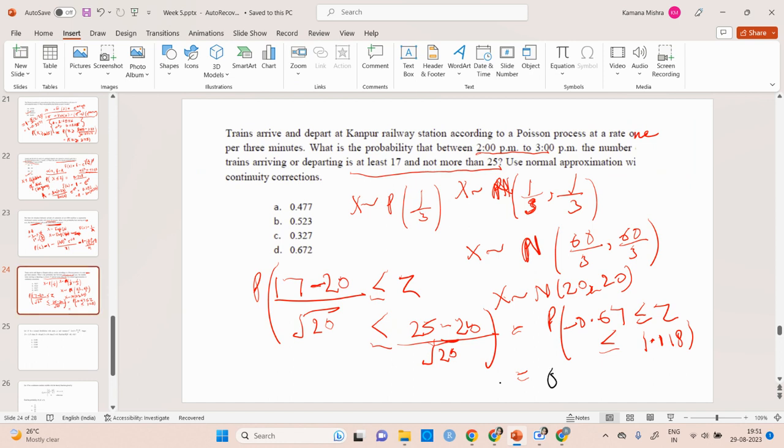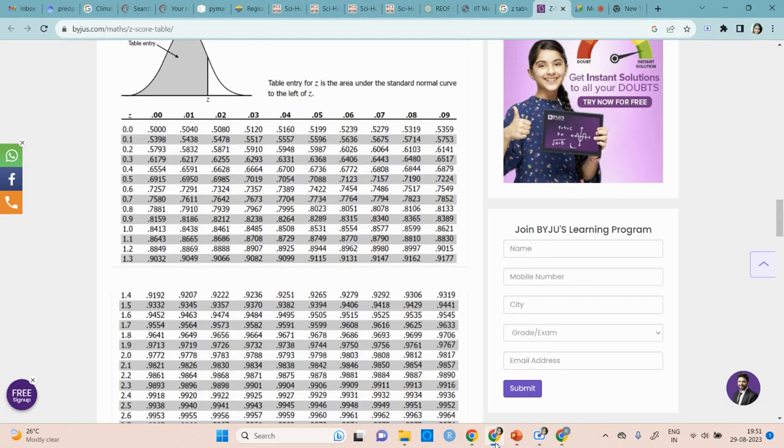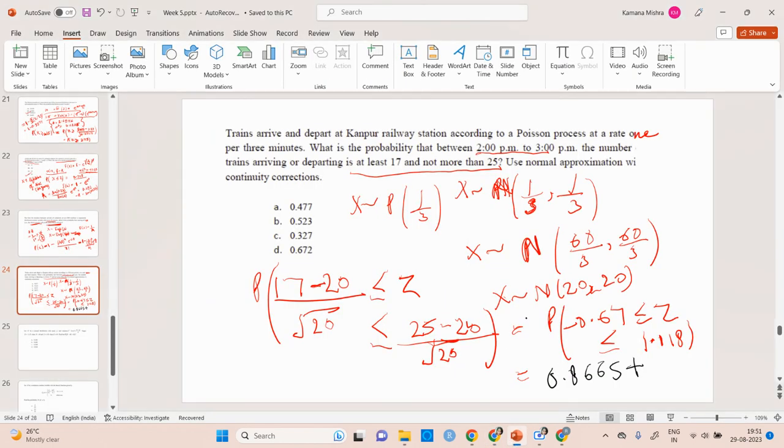It will be 0.8665 plus 0.67. So 0.67 will be 0.7486, and minus 1, because this one is negative.